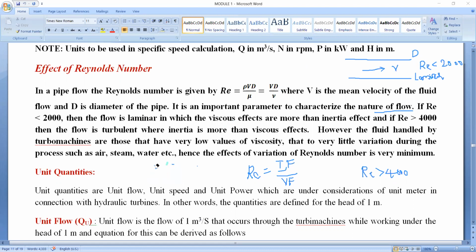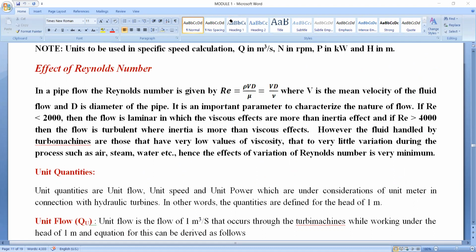Okay, now what is the effect of this Reynolds number on the fluid flow through the turbo machines? The fluids handled by turbo machines are those that have very low viscosity and show very little variation during the process, such as air, steam, water, etc. So remember, the fluids used in turbo machines have a low value of viscosity.